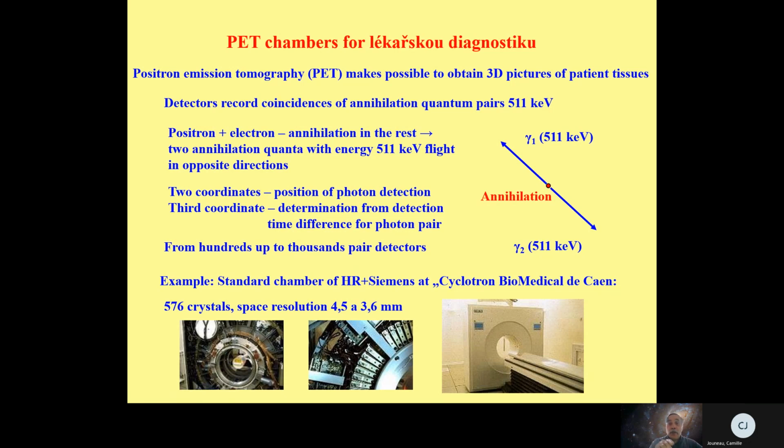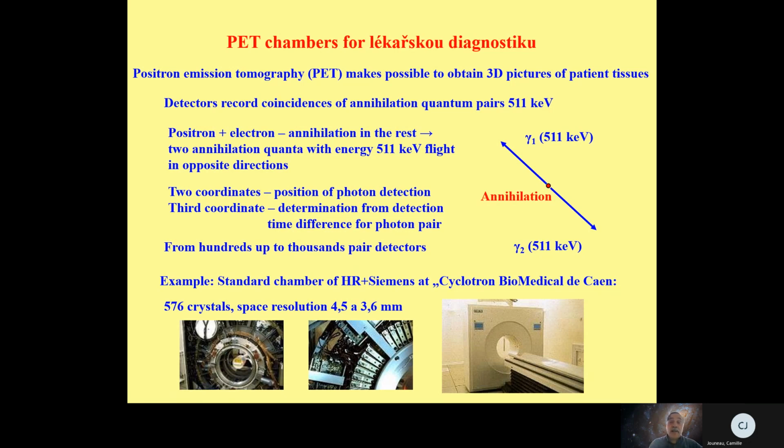And how is it possible to put these radionuclides to a special part of the body? It is, for example, possible to use glucose, which transfers energy in the body.